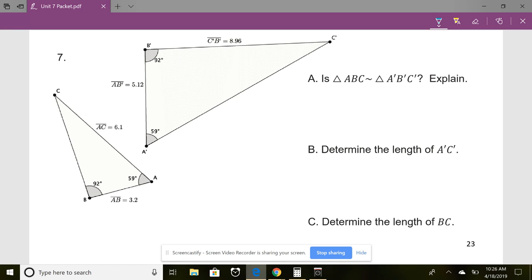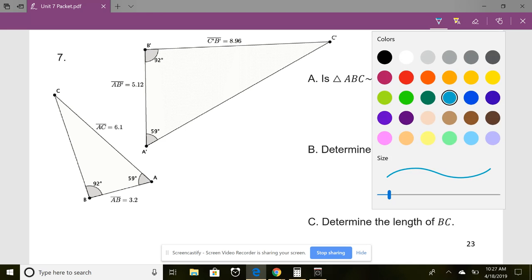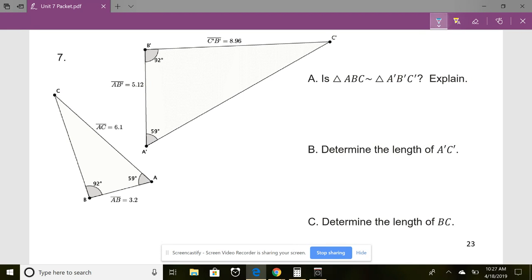In order to find the missing angle of a triangle, you have to subtract the two known angles from 180 degrees to find the third angle. So if we look at our triangle ABC, two of the angles are 92 and 59 degrees.